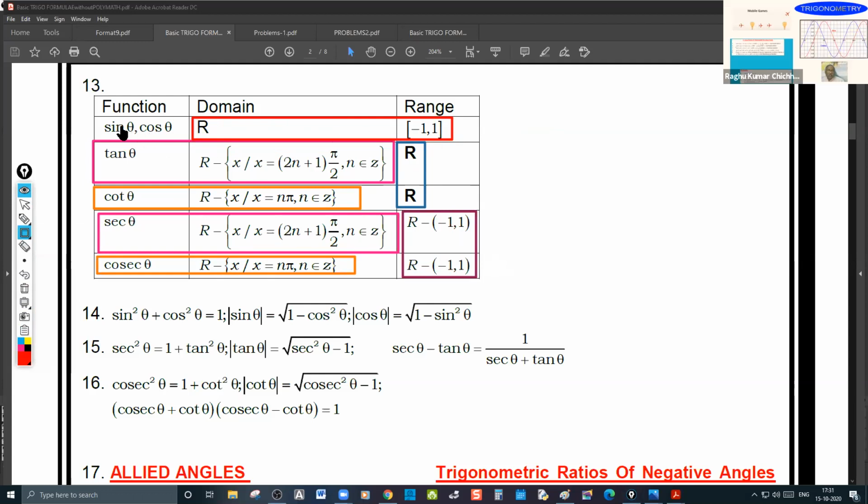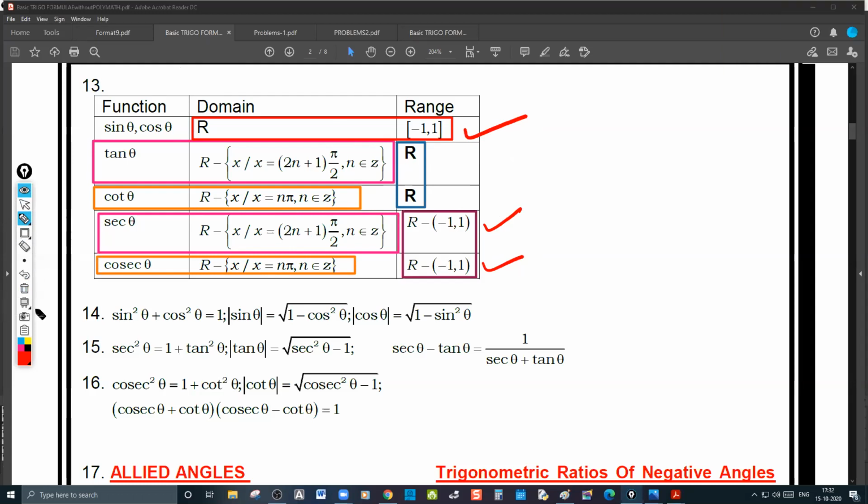What are the reciprocals of sine and cos? For sine it is cosec and for cos it is sec. Correct? So understand that sine and cos lie between minus 1 and plus 1, and their reciprocals never lie between minus 1 and plus 1. You remember it like that. That's a simple understanding of this table, and this is very, very important. Conceptually it is to be understood because the questions in the objectives will be formed based on these domains and ranges.